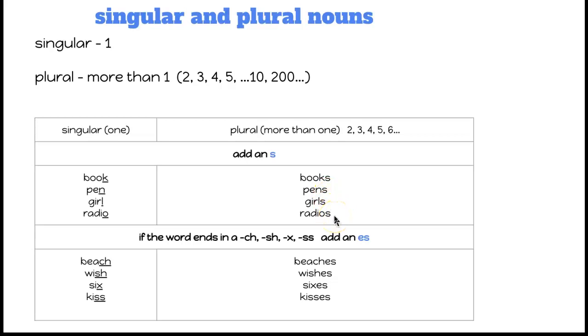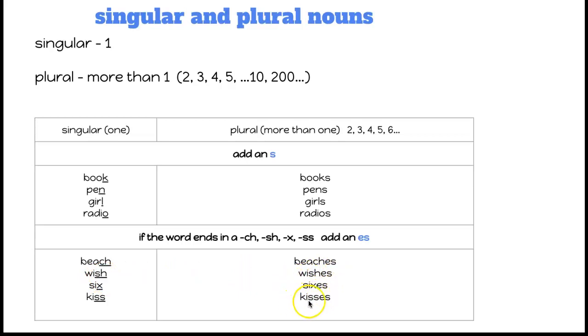More than one. If the word ends in these letters, CH or SH, X or SS, we add an E and an S. So beach, because it ends with a CH, becomes beaches. Wish becomes wishes.